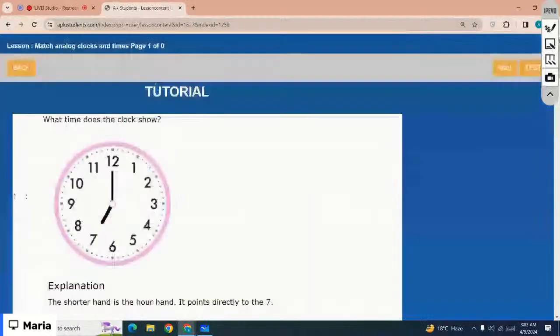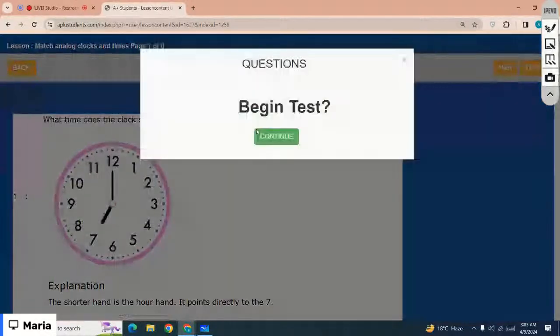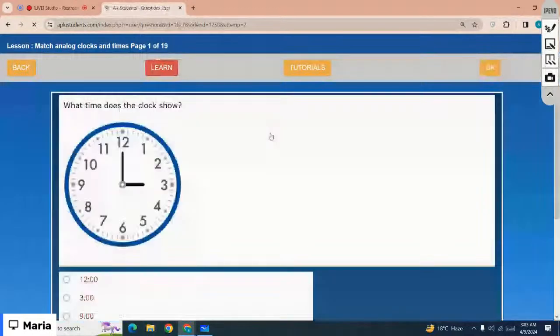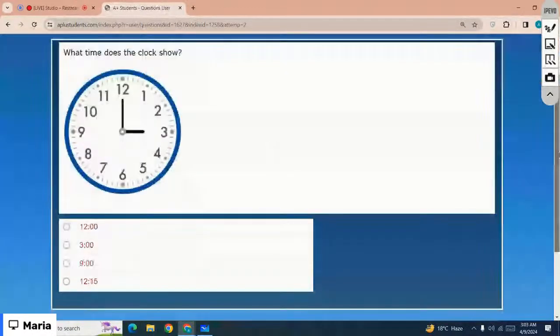Let's start with test questions. Okay, what time does the clock show? So, which is the correct option?